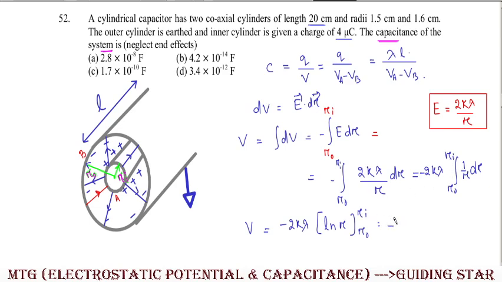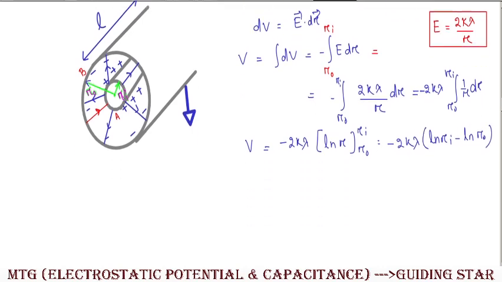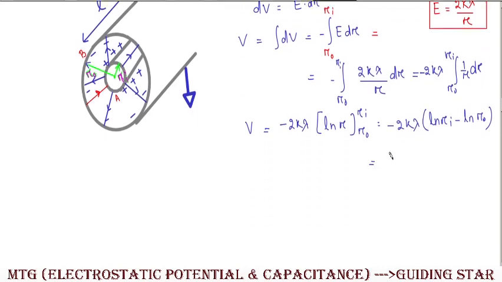So 2k lambda, it will be natural log of ri minus ln of ro. Finally it will be 2k lambda l, log ro minus log ri. So finally 2k lambda log ro upon ri. This is what we are getting.